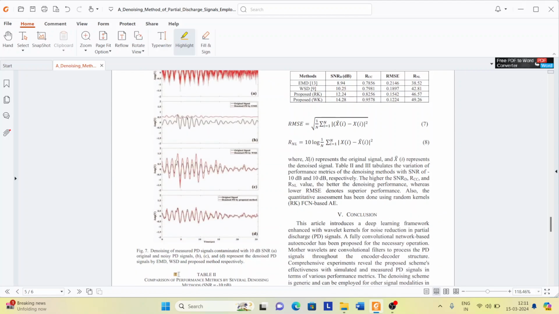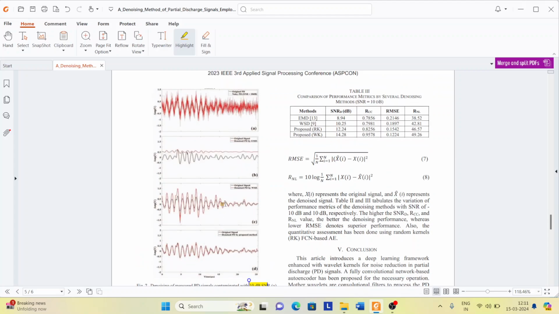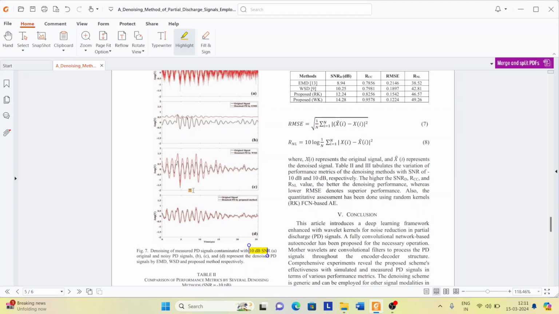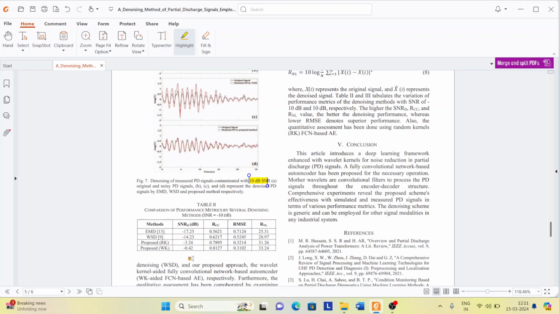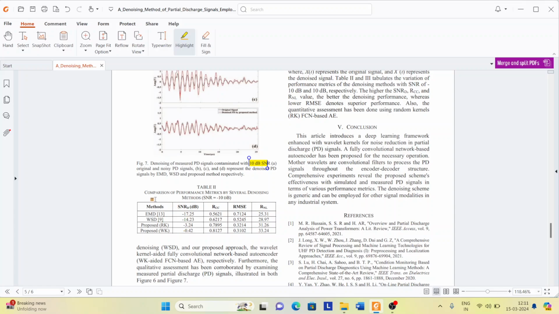Similarly, you can see here denoising with the 10 dB of SNR. In the 10 dB of SNRs, these are the results coming by using the different methods to denoise signals. So this is the comparison performance matrix of the several denoising methods at -10 dB.